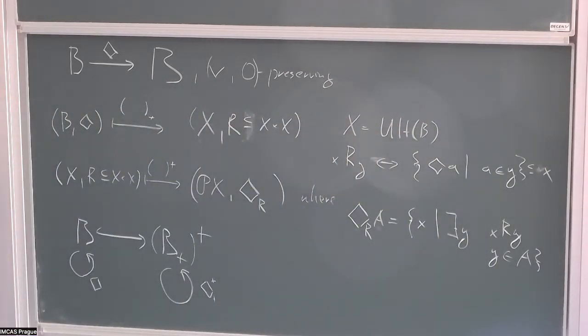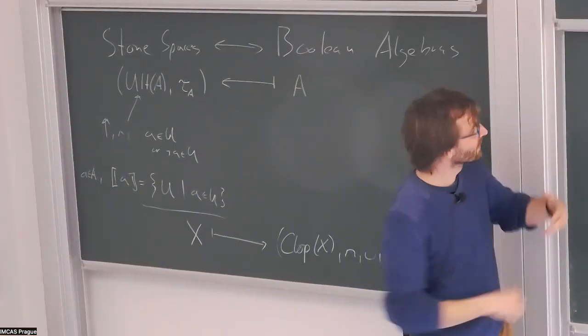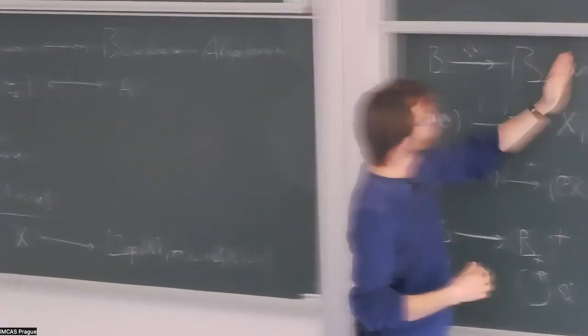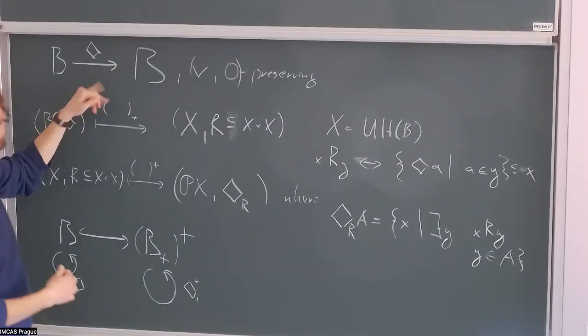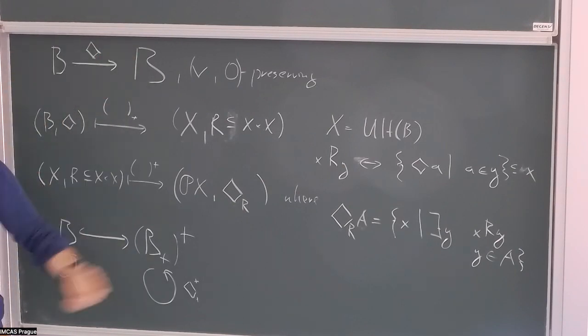So you would imagine you would have something like Boolean algebras with a unary operation and Stone spaces with some kind of binary relation, for example. And if you wanted, you could have even more complicated operations here, could be mixed arities, could be even between different structures. So like A, B times D to C or something, and monotone in the first and not monotone in the second. You can do these sorts of things.